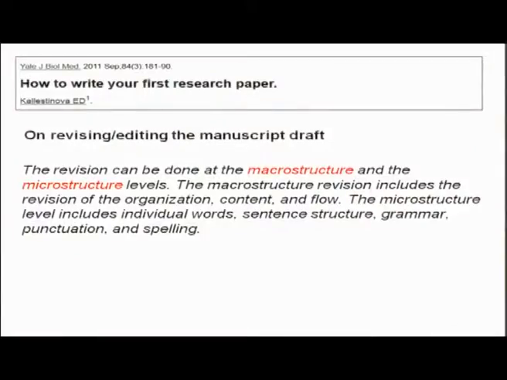So the revision can be done at the macrostructure and at the microstructure. There are two different levels at which you do revision. What is that? The macrostructure revision includes the revision of organization. Let's say I bring in certain ideas and then bring in a hypothesis. The idea that I bring in may not be in the flow. I want to rearrange them so that it conveys the meaning better.